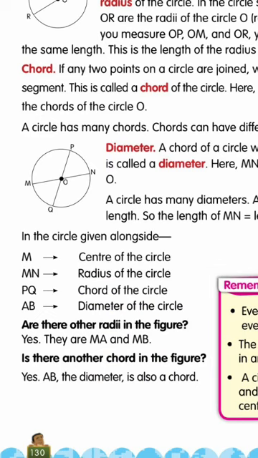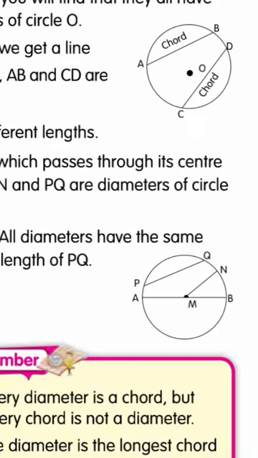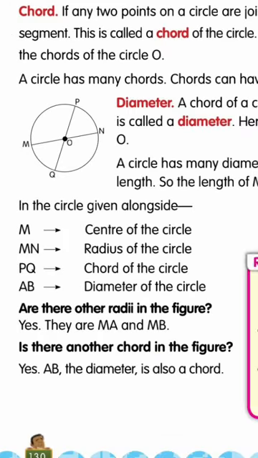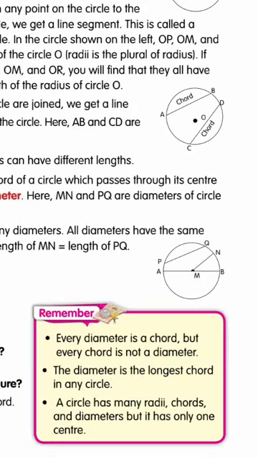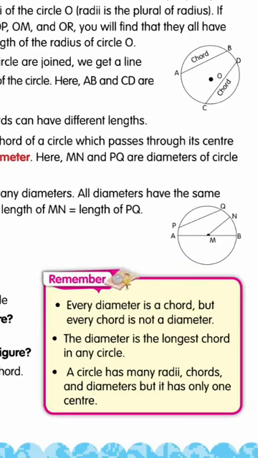Is there any other chord in the figure? Yes. AB, the diameter, is also a chord. AB is a diameter of the circle because it passes through the center, but it is also a chord because it joins 2 points of the circle. So a diameter is a chord. Things to remember: every diameter is a chord, but every chord is not a diameter.